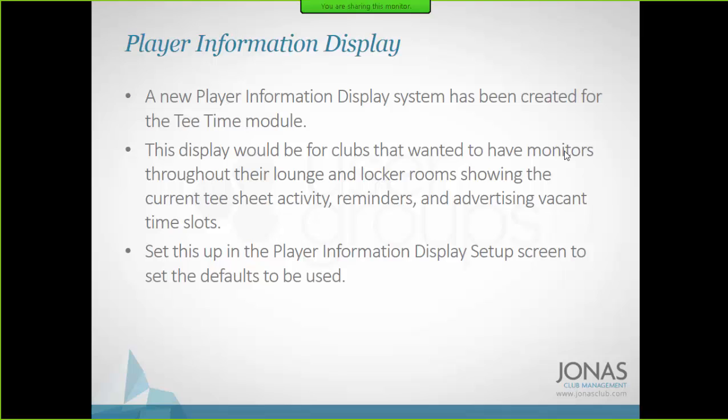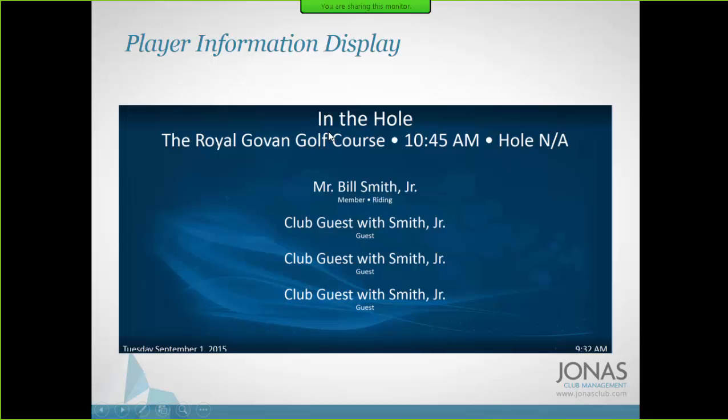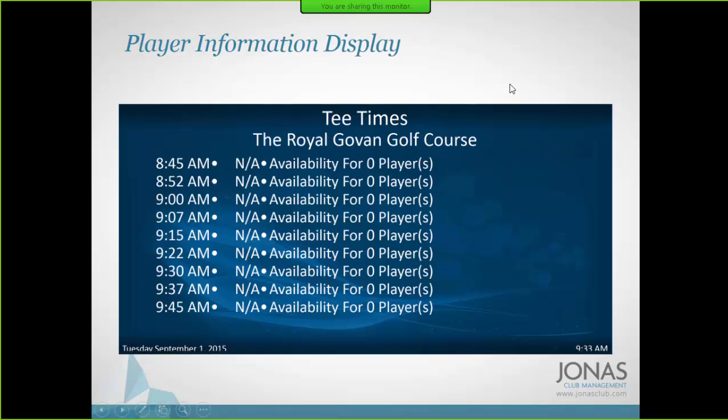Wherever, you can actually program the T-sheet system to scroll through a series of screens on that monitor. So you can basically have it come up and show who's teeing off. It can show the T-sheet.